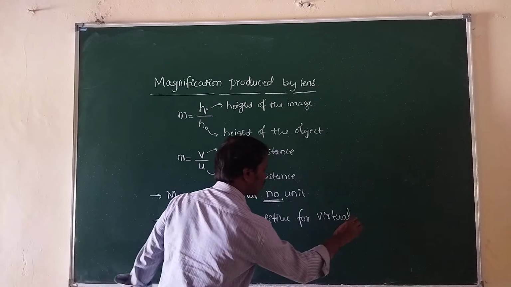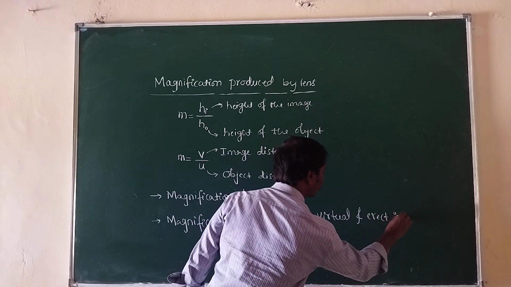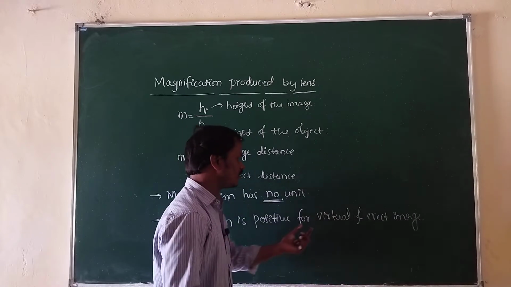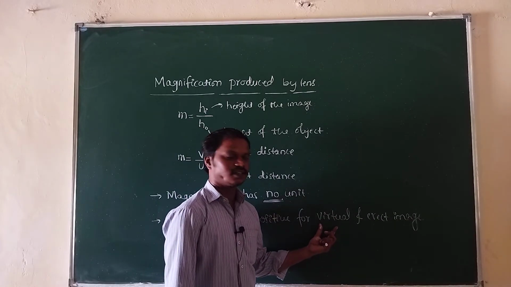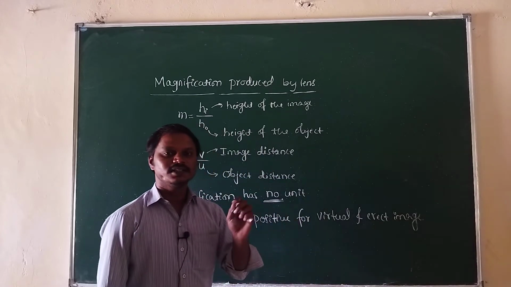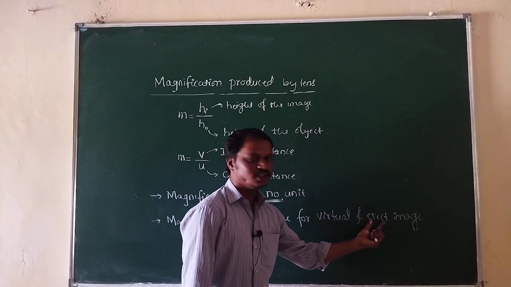What is a virtual image? An image which cannot be obtained on the screen is called a virtual image. And what is an erect image? If the object is upside, then its image is also upside, then the image is said to be erect.